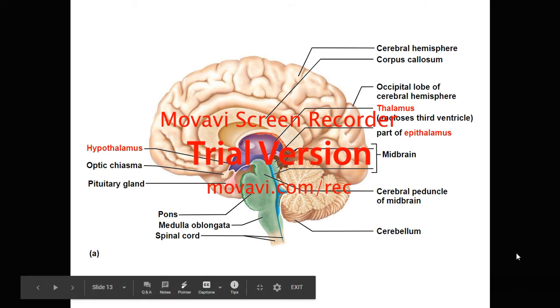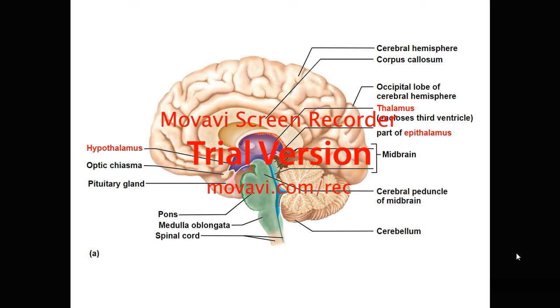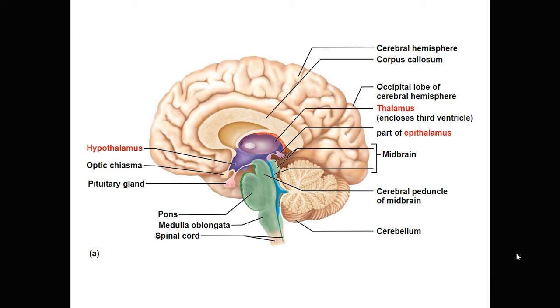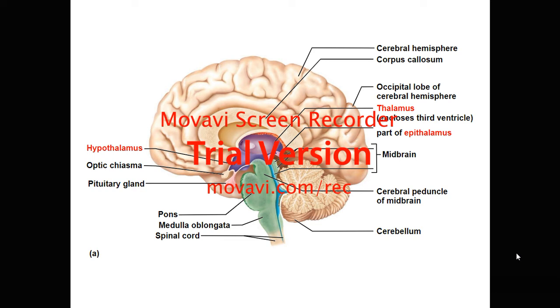The hypothalamus is an important autonomic center involved in the regulation of body temperature, water balance, and fat and carbohydrate metabolism, as well as other activities and drives, such as when you're hungry, thirsty, also your sex drive.